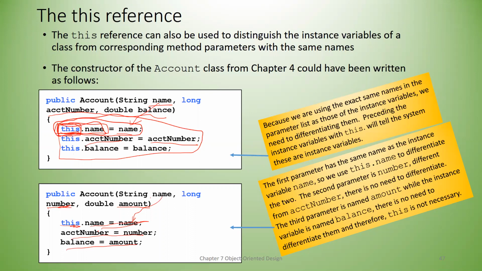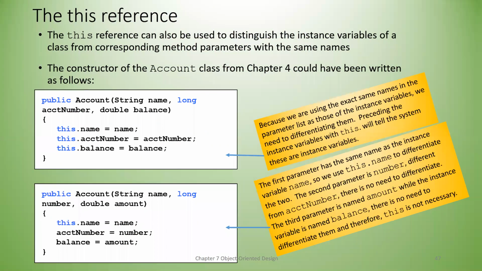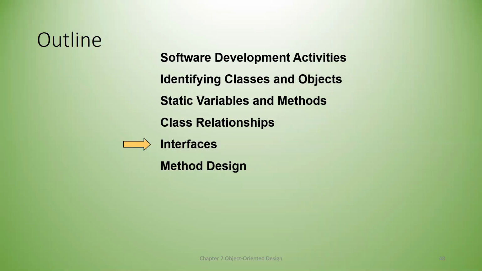Okay, that's how you use this to differentiate two attributes with the same name, the instance variable and the parameter name. Another way to use this, which we will discuss in chapter 9, is inheritance, when you use this to reference the current object, etc. Okay, we will discuss that later. Now let's talk about interfaces. Okay.